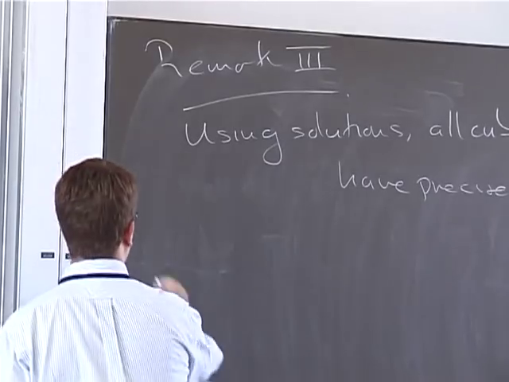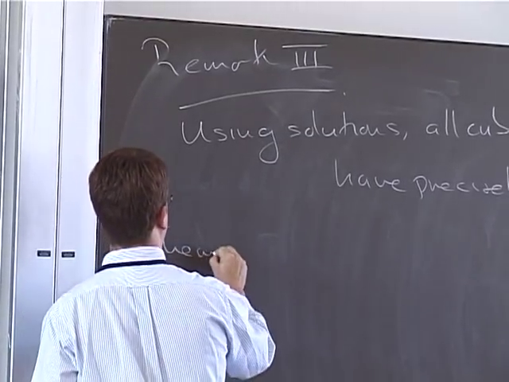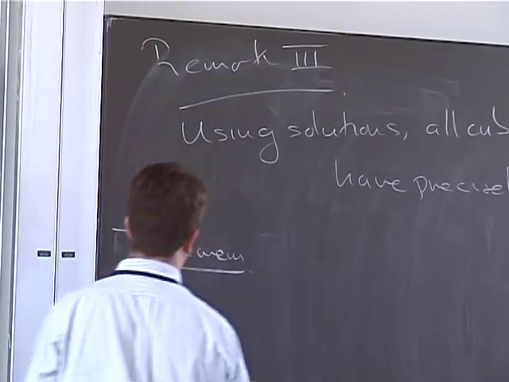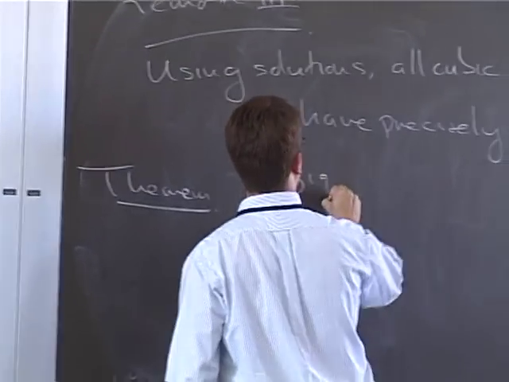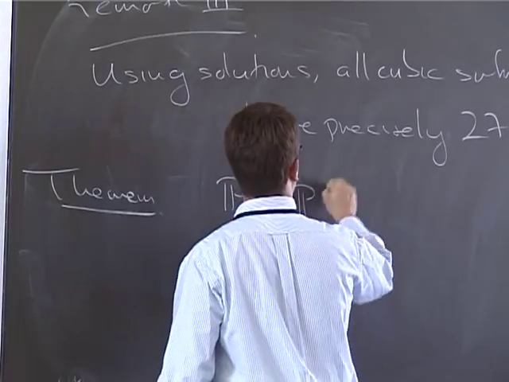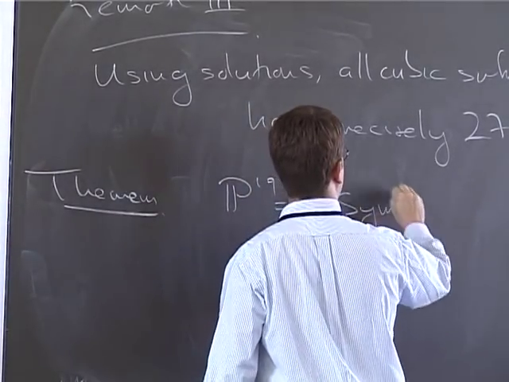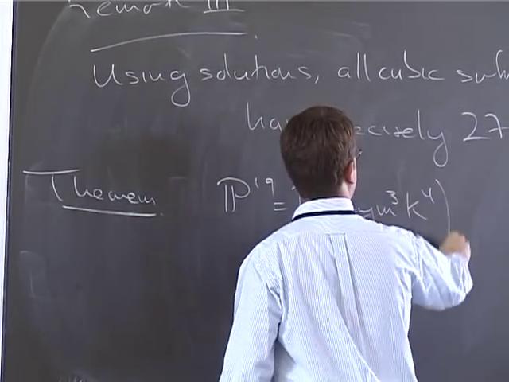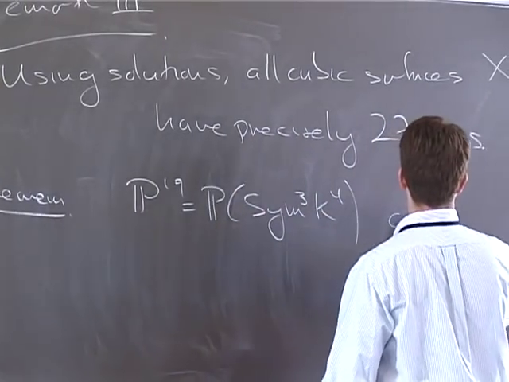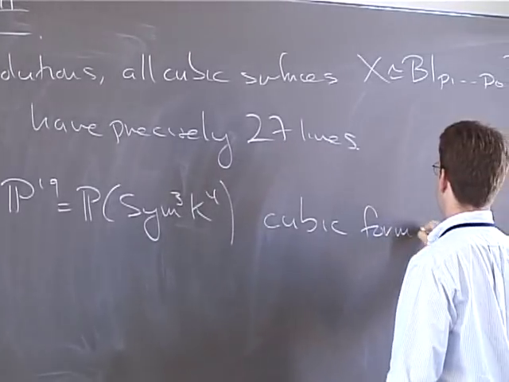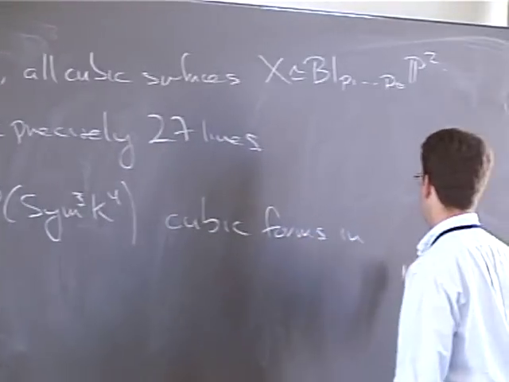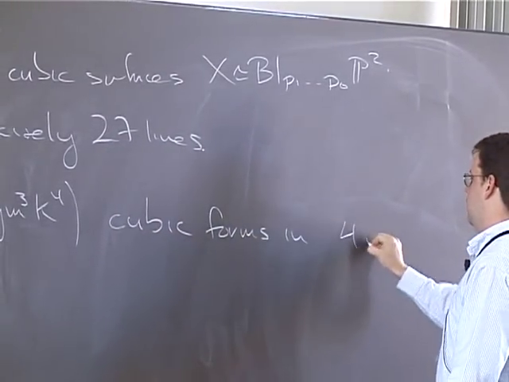Well, we need a theorem. So let's consider P19. This is the space of all cubic polynomials in 4 variables.